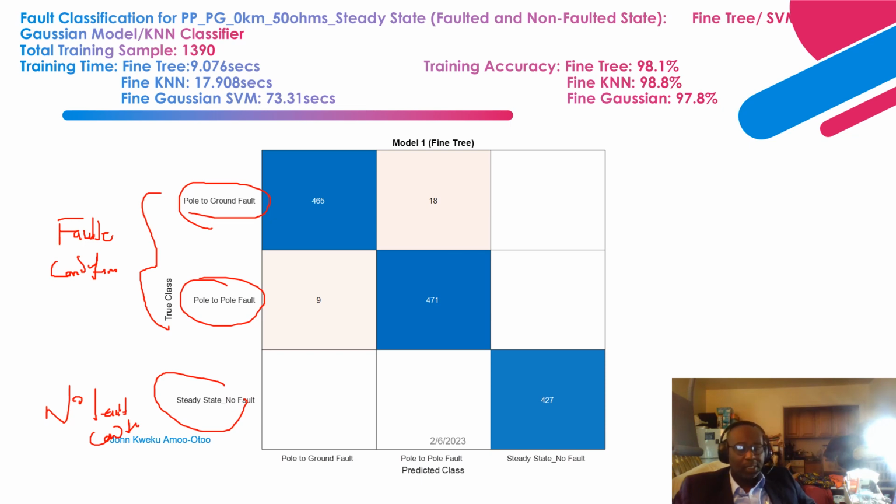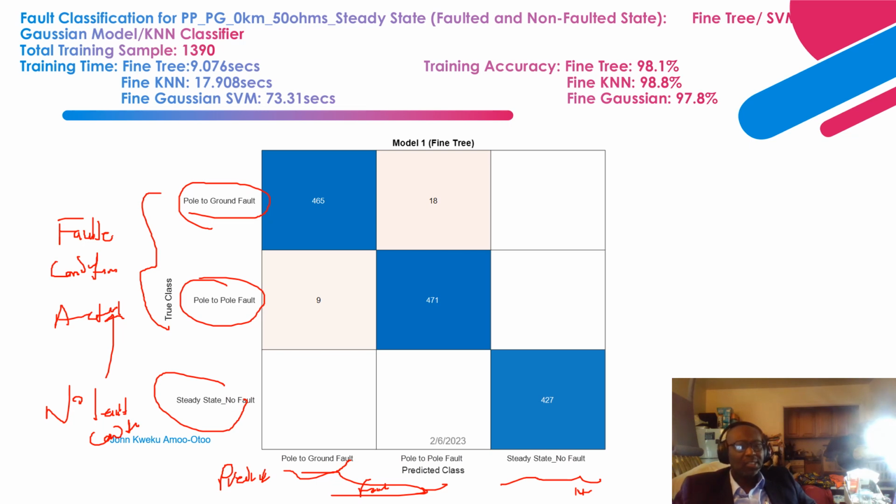Similarly, these two are giving me faulted conditions, and this one is giving me the non-fault condition. This vertical axis is my actual data, and the horizontal axis is my predicted data, which is what I want to match to my actual data.